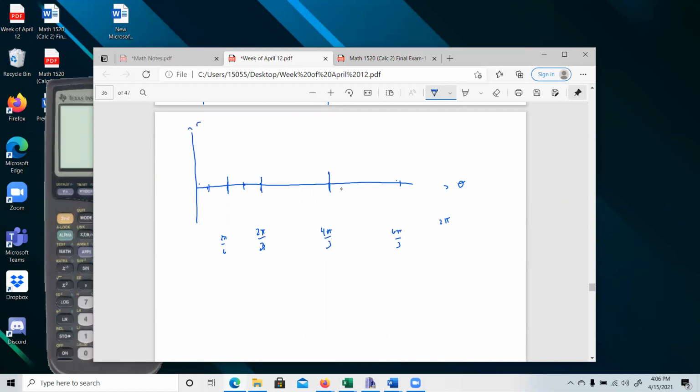Then we're going to do middle, and then quarter, quarter, middle, and then quarter, quarter.